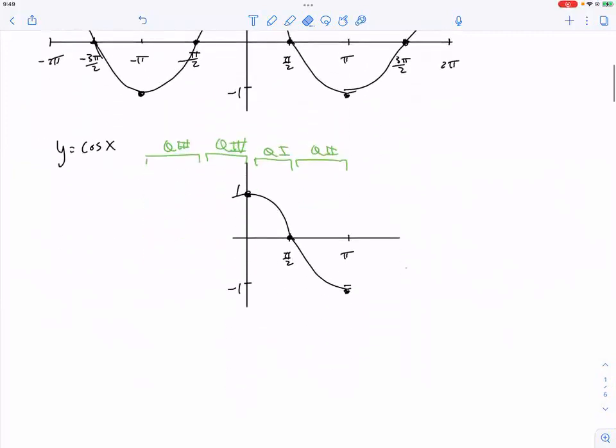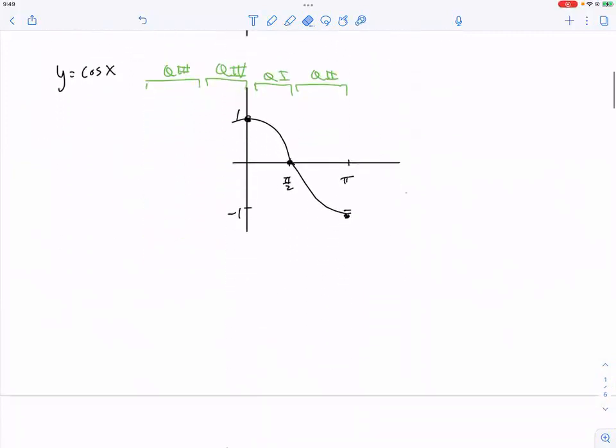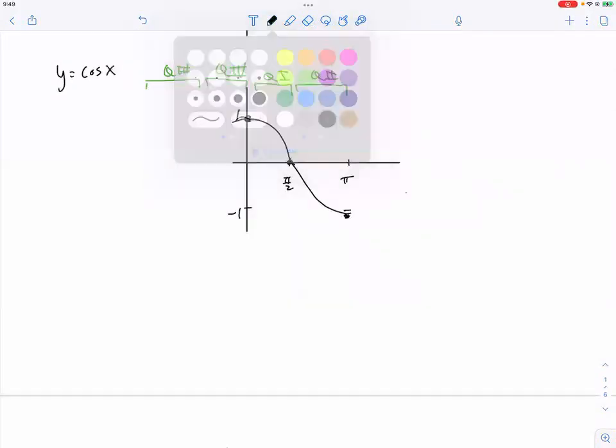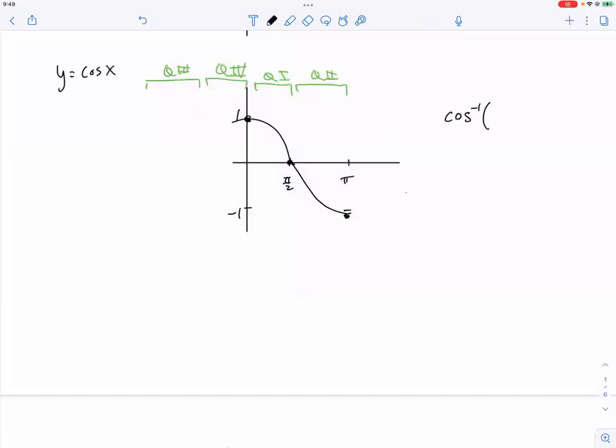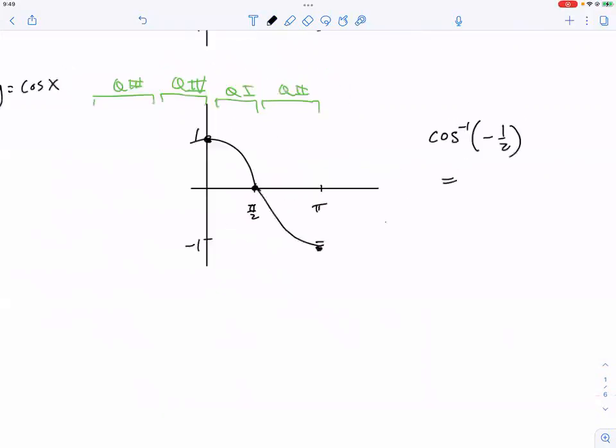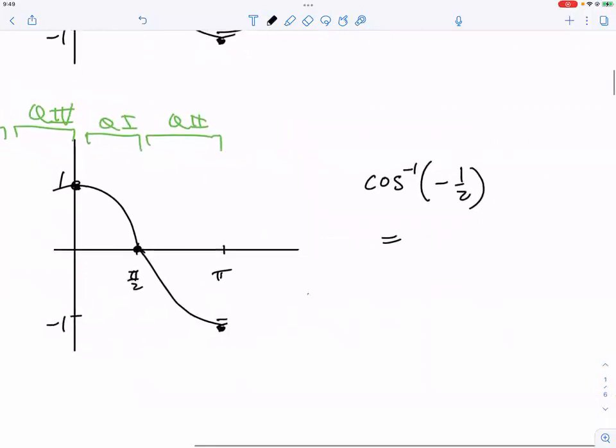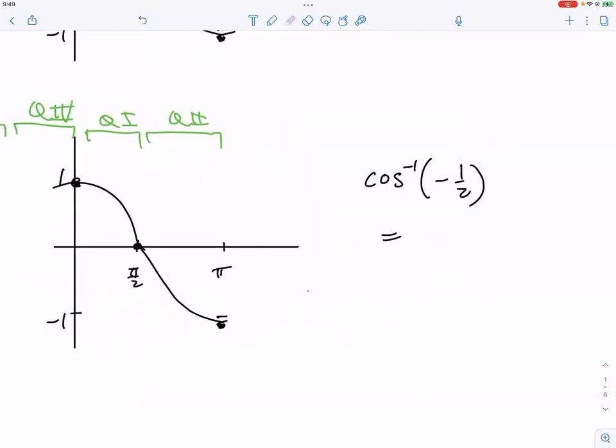So based on what we just discussed, let's see if you can apply this thought process. If I give you the inverse cosine of -1/2, what is the result? And by the way, let me just emphasize one thing.